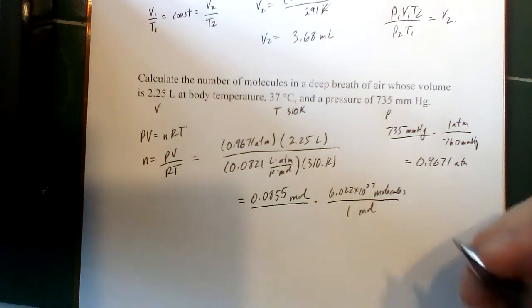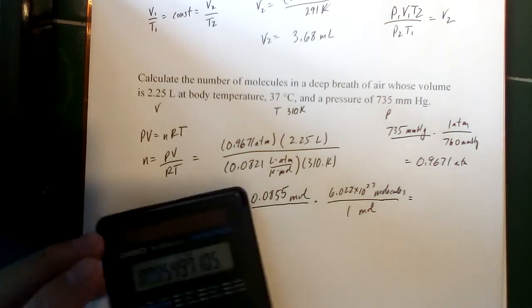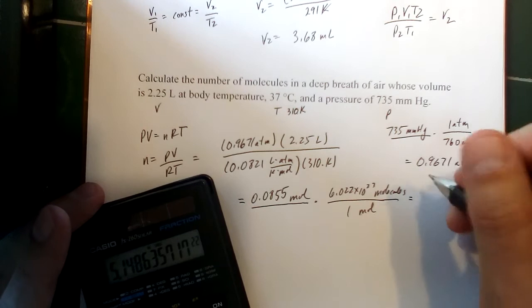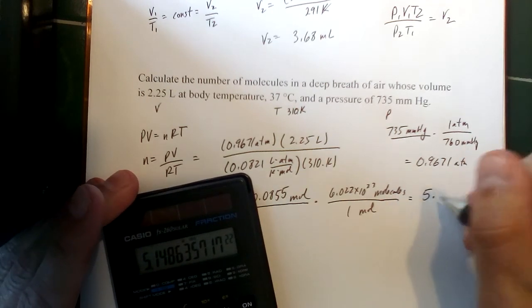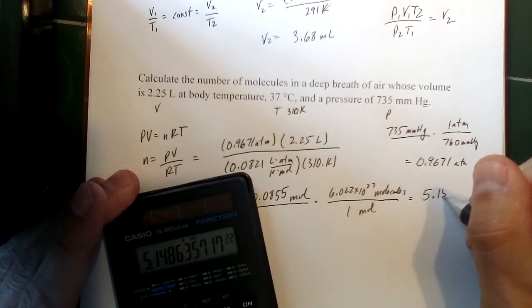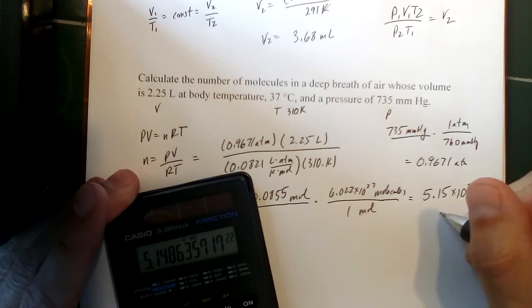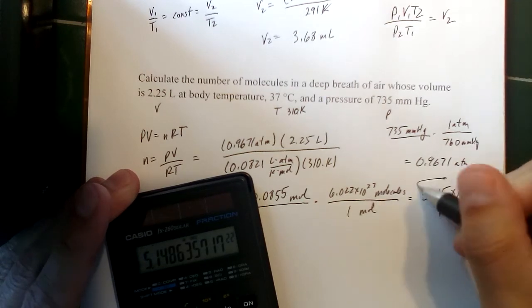But the relationship between moles and molecules doesn't matter what we're talking about. So multiply that previous answer by 6.022 times 10 to the 23rd power. And we get how many molecules are in this deep breath. So now we want 3 sig figs. So 5.15 times 10 to the 22nd power molecules in the breath.